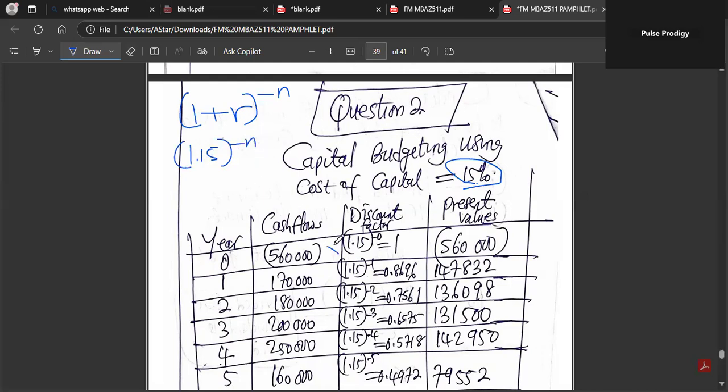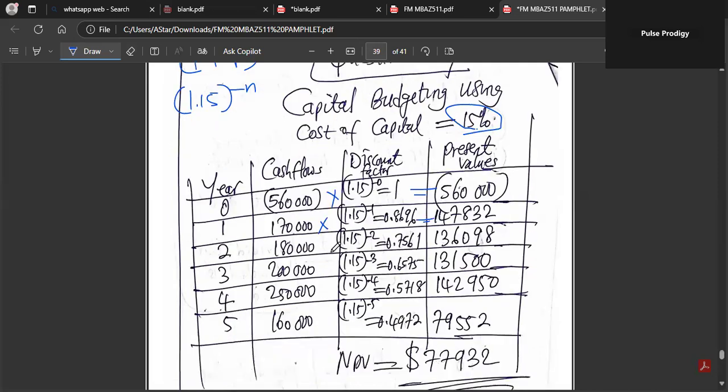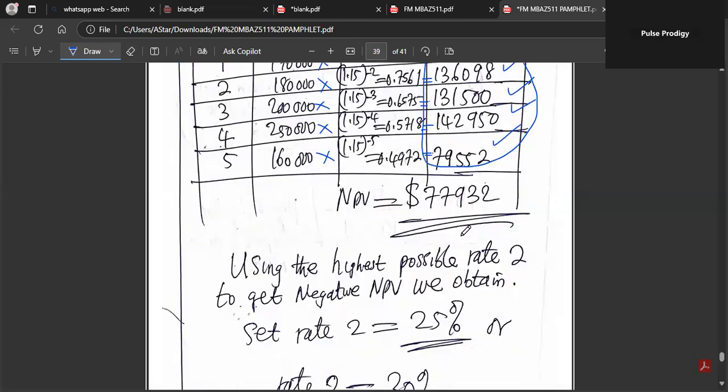You multiply each cash flow by its factor to get the present value. The summation of the present values of all these is NPV1, right? Add them and minus the initial investment. So the NPV was 27,932.